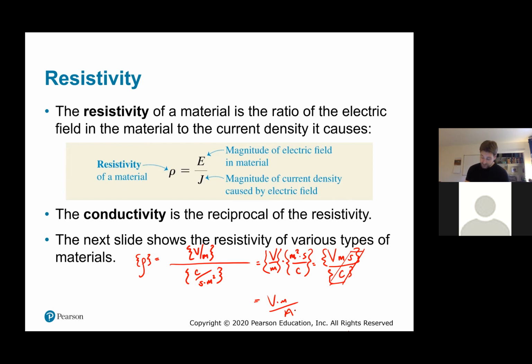If we compare this expression to the expression on the next slide, calling it ohm meters, it looks like an ohm, symbol omega, is a volt per amp.